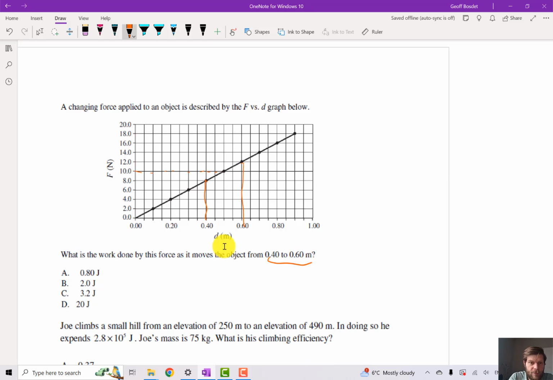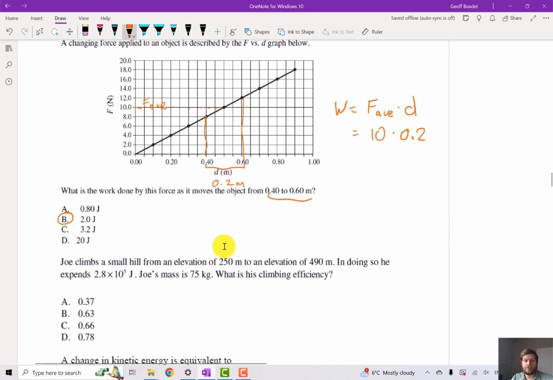This is our average force. And our distance we're pushing for this interval from 0.4 to 0.6 is 0.2 meters. So I'm going to say my work is equal to the area under the graph, which I'm using average force times distance. So that would be 10 times 0.2, which is just 2.